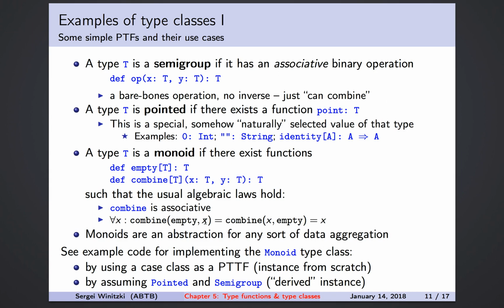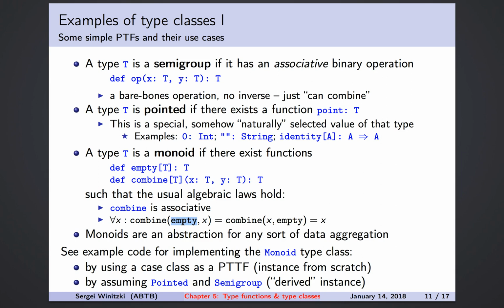That is a requirement. So the value of the empty aggregate is special in this sense that you can combine empty aggregate with data and that doesn't change that data. So monoids are used a lot in different contexts.